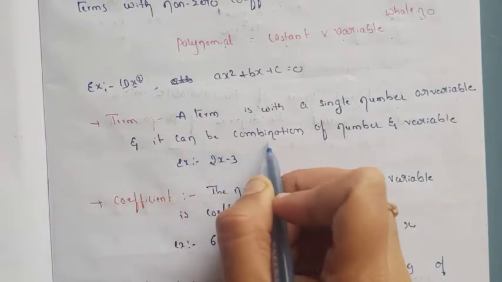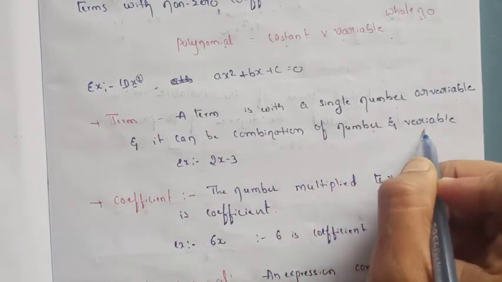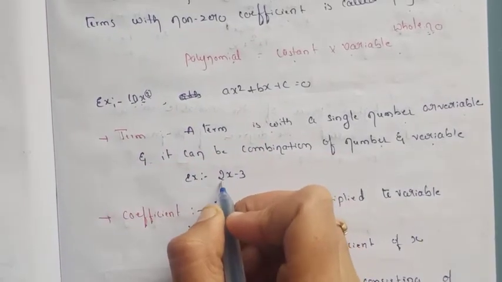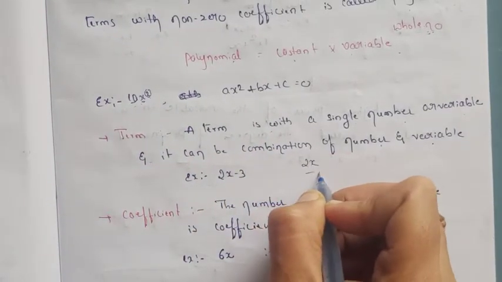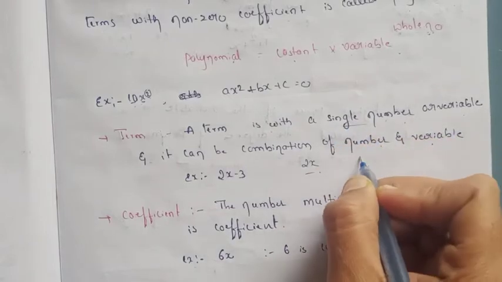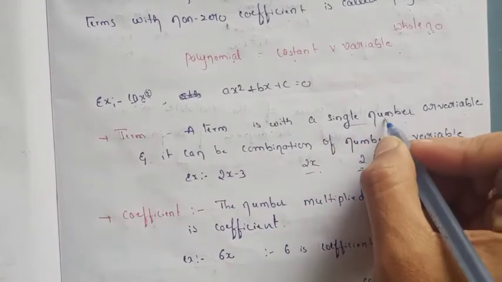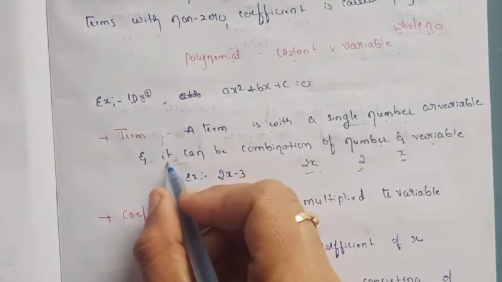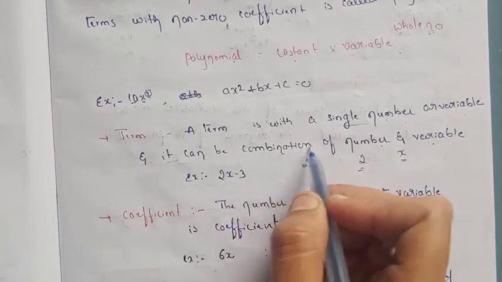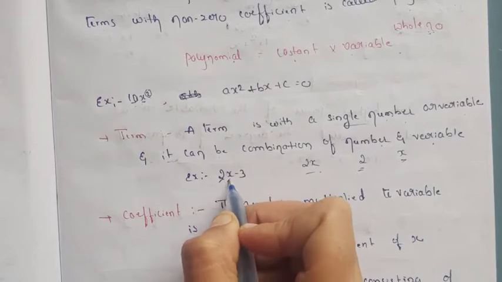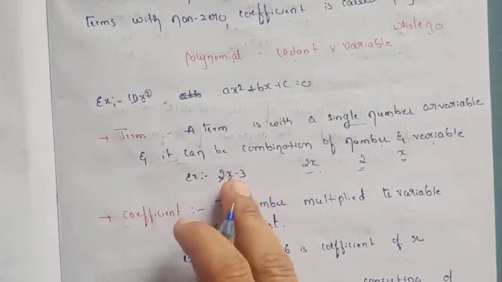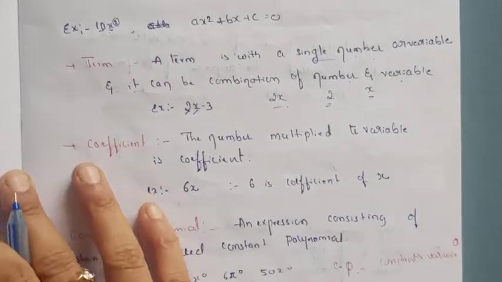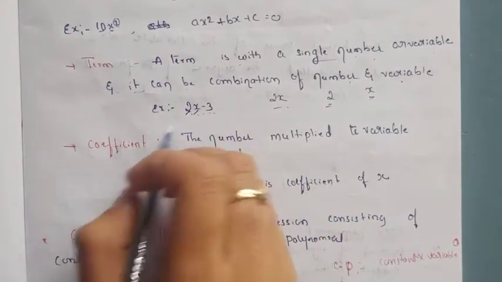It can be a combination of number and variable, and that is called a term. 2x is a term, or the single number 2 is a term, x is a term, or it can be a combination of number and variable. It is called a term. 2x minus 3 is an expression of terms.